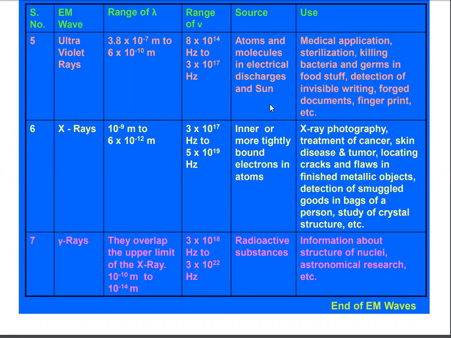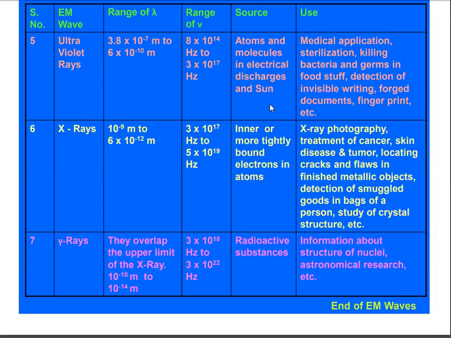That means if you excite an innermost, tightly bound electron, then when it comes back to its original state, it radiates a kind of electromagnetic radiation which is X-ray radiation. Now, the applications of X-rays are well known to all of you.